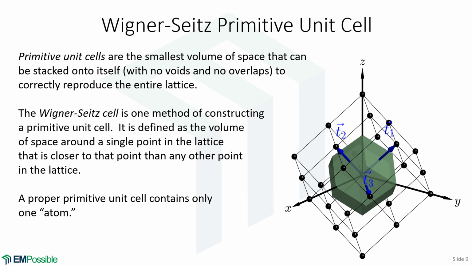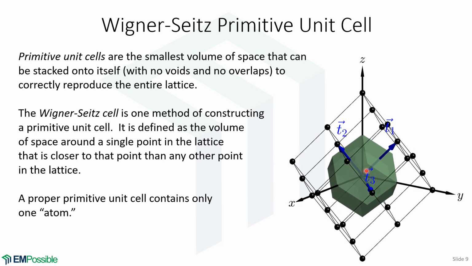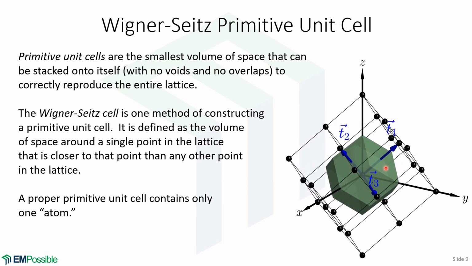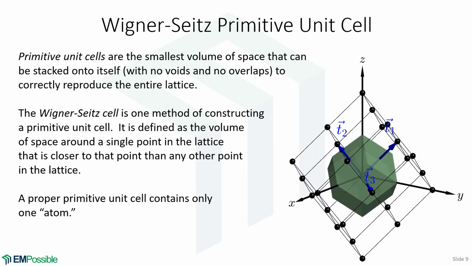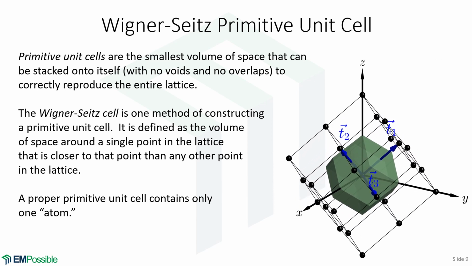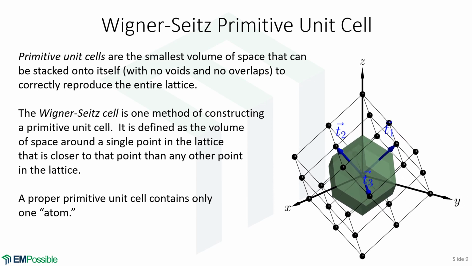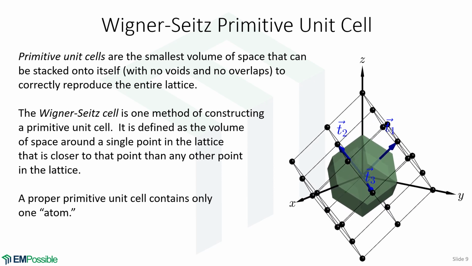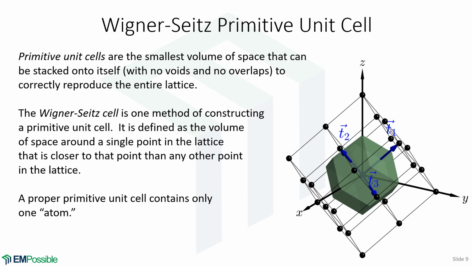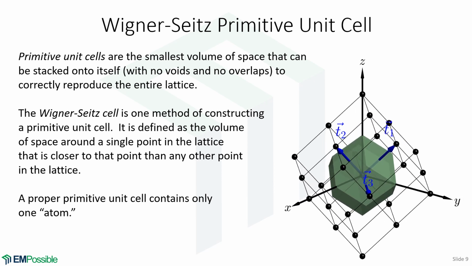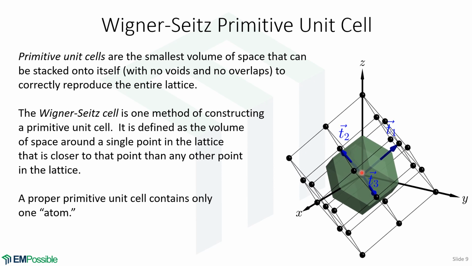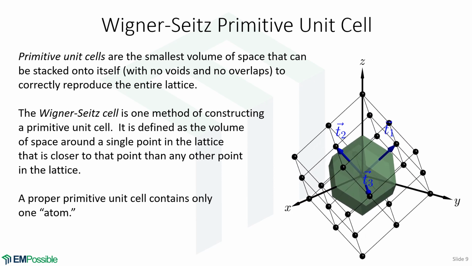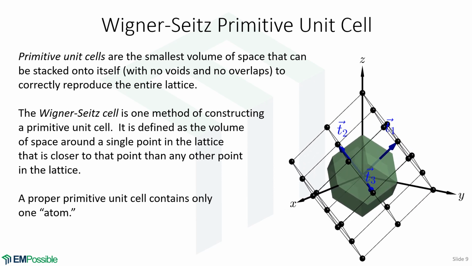And the way this works is we would pick a point somewhere in the lattice, and we define this volume of space that is closer to that point in the lattice than any other points in the lattice. That gives us our Wigner-Seitz primitive unit cell. We know we've done a correct job when inside that volume, there's only one lattice point. If it encloses any other points, then we don't have a primitive unit cell.